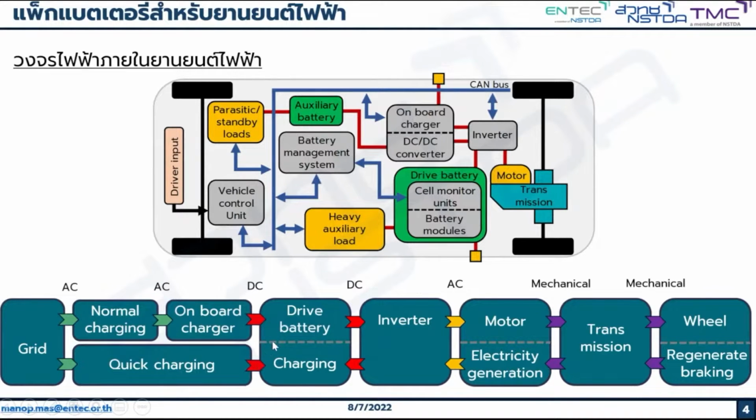These are the chart and the model for the charging system within the car, within the vehicle itself. So how it transfers from grid to normal charging or quick charging into drive battery charging and inverter, and moves to motor electricity generation through the transmission, through the wheel and generates braking.